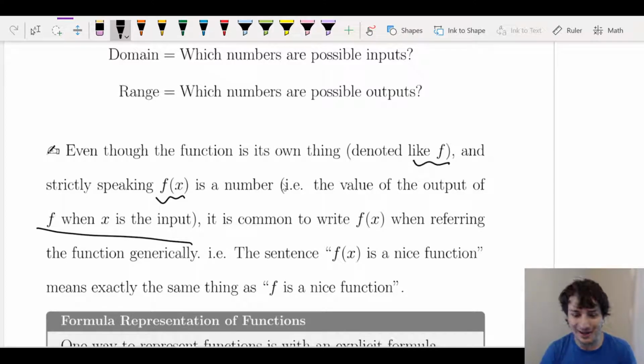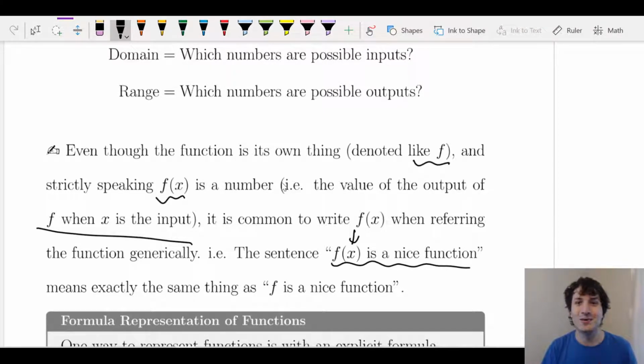It's very common to write f of x to generically refer to the function. So for example, someone might write f of x is a nice function. Saying f of x is a nice function is slightly confusing because f of x is actually a number. It's not a function, right? F of x is the number you get when you feed x into the function f. So f of x is a nice function technically doesn't make any sense.